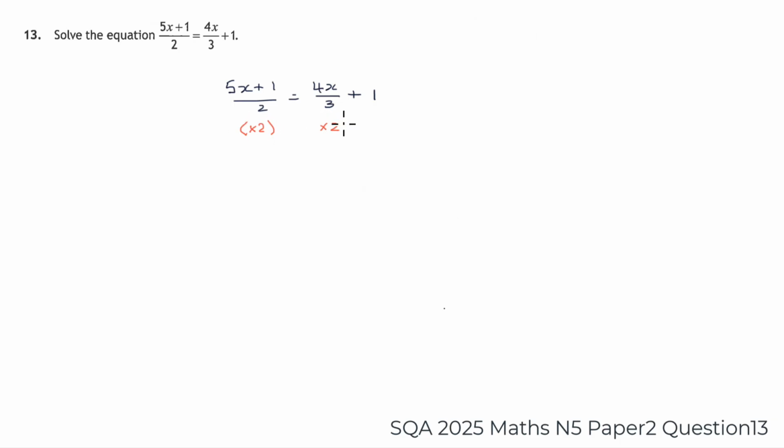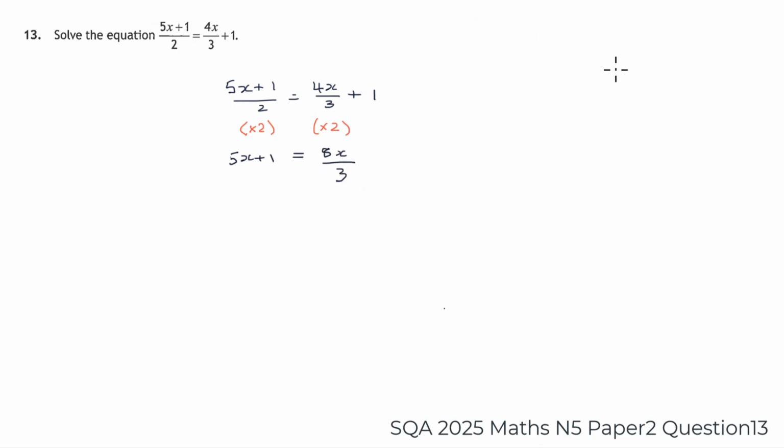So we'll multiply both sides by 2 to get rid of this divide by 2. So on the left hand side we'll just be left with a 5x plus 1, and on the right hand side, when we multiply by 2, we multiply both terms by 2, and multiplying a fraction by 2, the 2 would appear in the top line, so we'd be doubling 4x, which gives us 8x over 3.